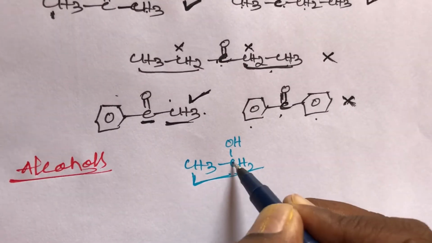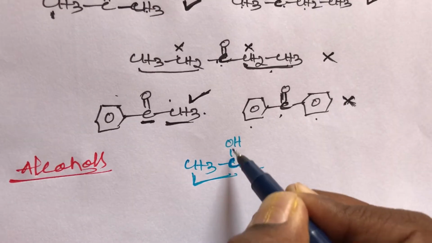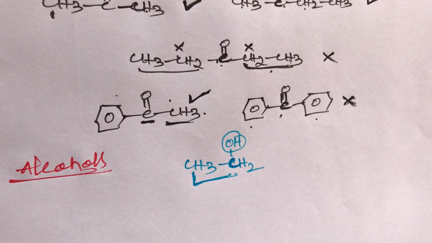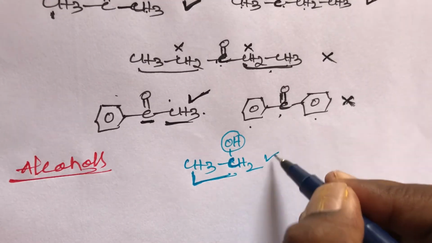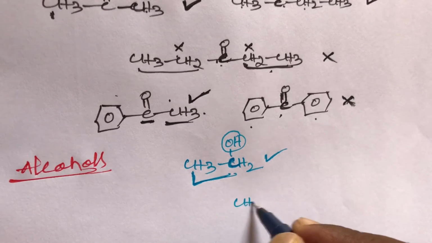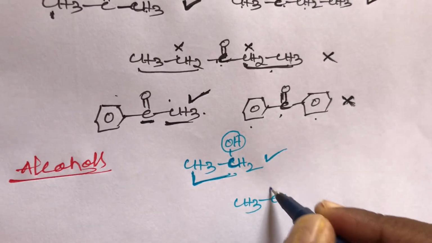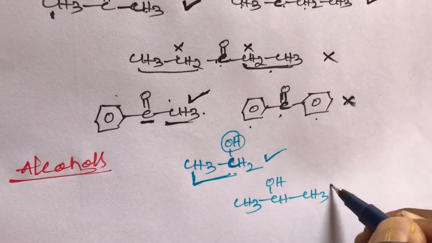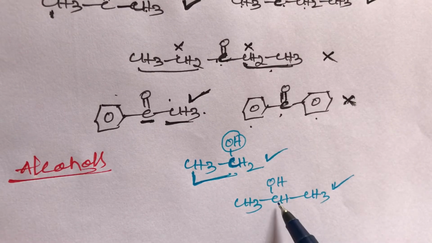This is the alcoholic carbon with the alcoholic group, and beside it at least one methyl group is there. That is also giving the iodoform test. Why? Because of this CH group.